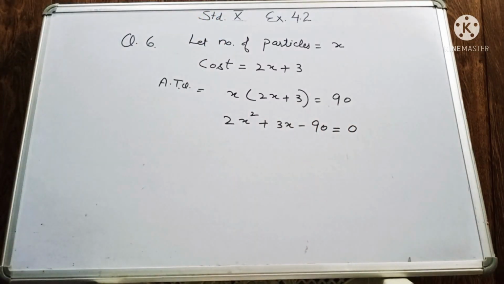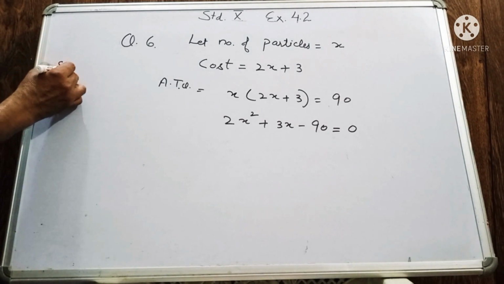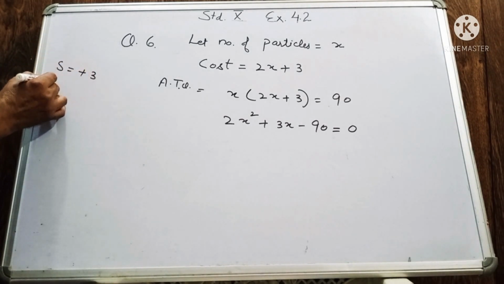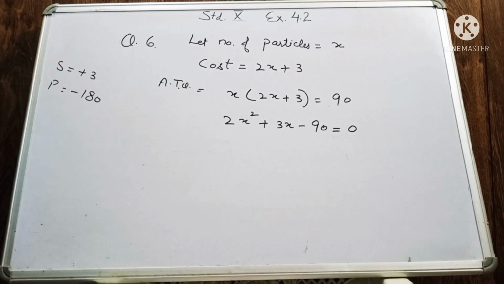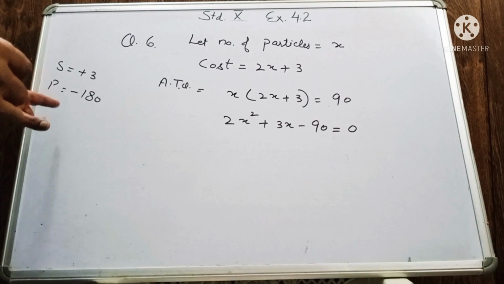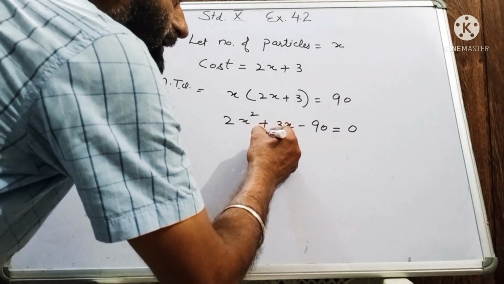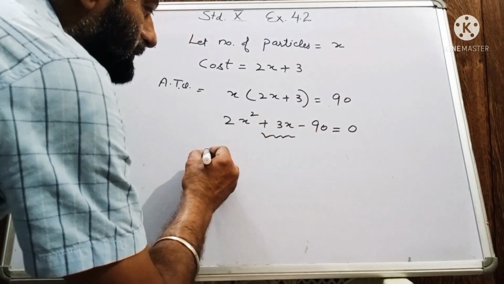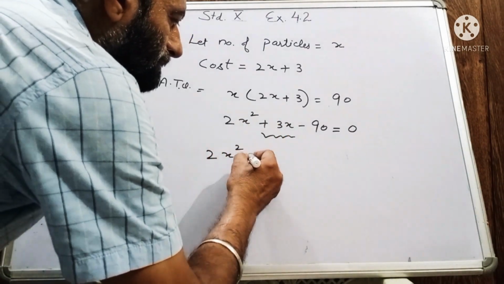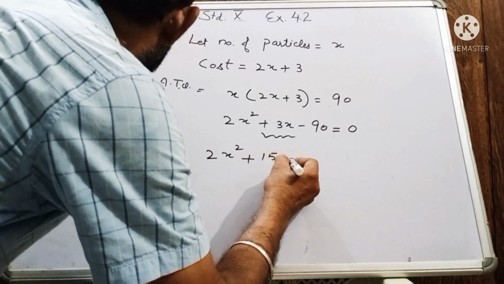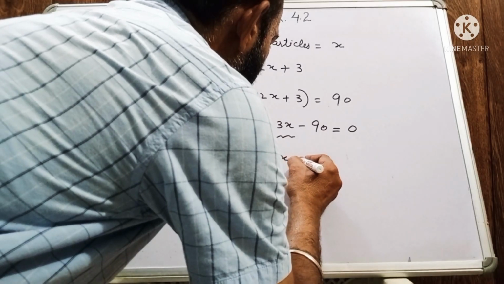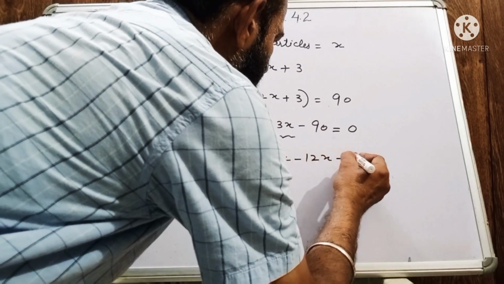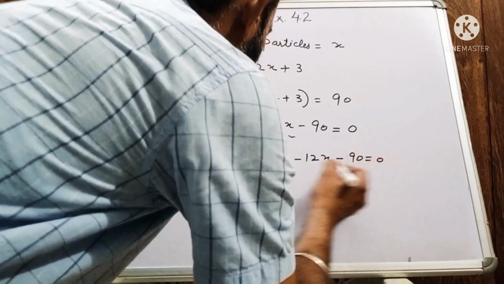Now we will find the numbers. Sum needed is plus 3. Product needed is minus 180. As in the earlier methods we have used, the numbers will be plus 15 and minus 12. We will split the middle term according to the numbers. 2x square plus 15x minus 12x minus 90 is equal to 0.